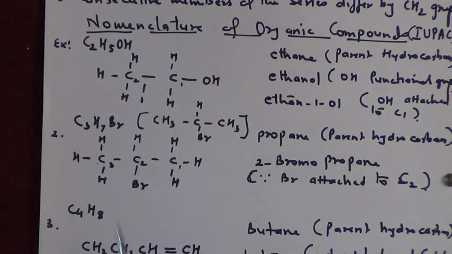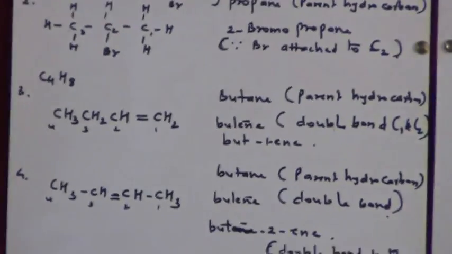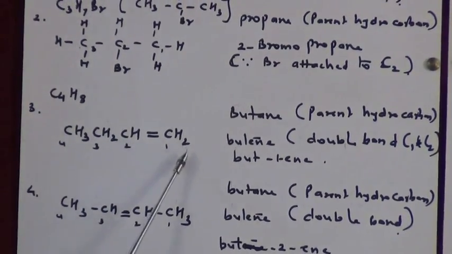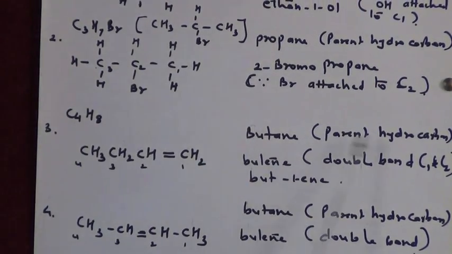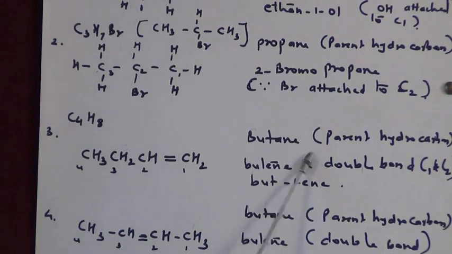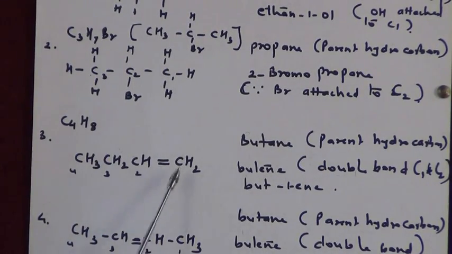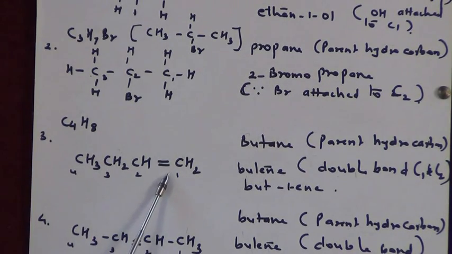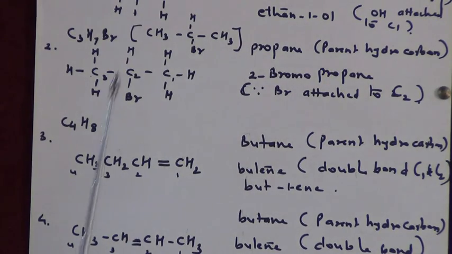Now let us see the next example. Count the number of carbon atoms in the given formula: 1, 2, 3 and 4. There are 4 carbon atoms, hence it belongs to the butane parent hydrocarbon series. Now the 2 carbon atoms are attached by a double bond here, and hence this butane becomes butene.